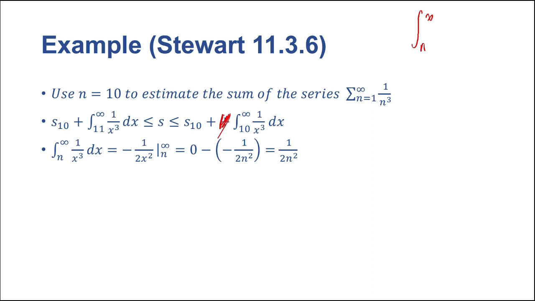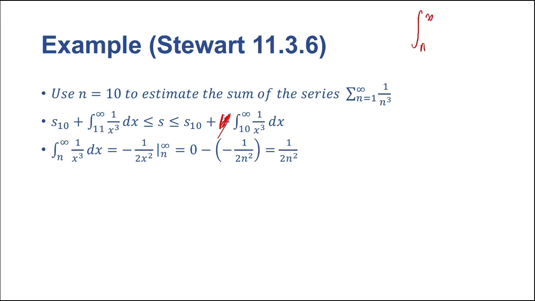What we get is that the integral between n and infinity of 1 over x cubed dx is equal to negative 1 over 2x squared, evaluated between n and infinity.